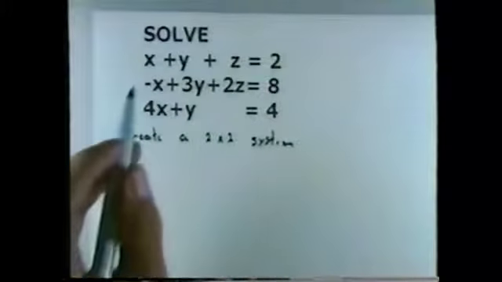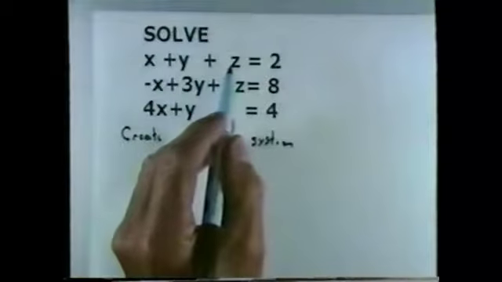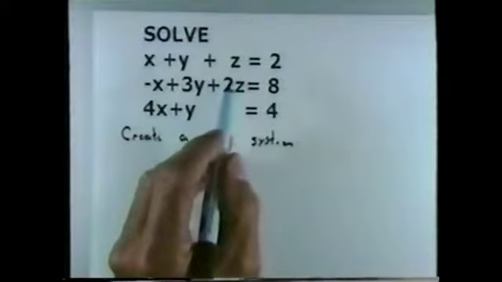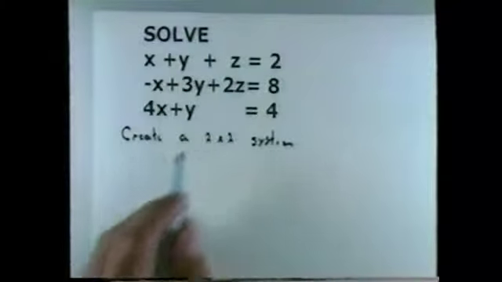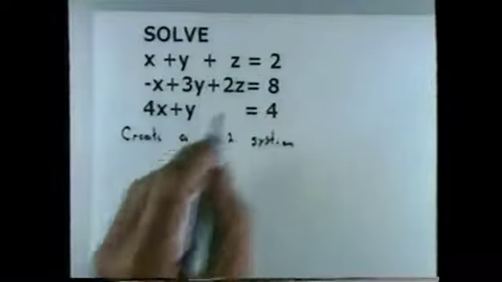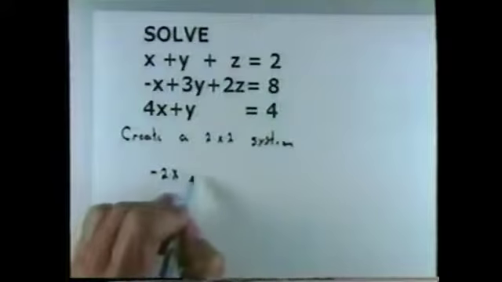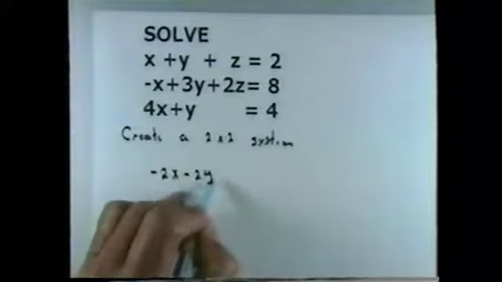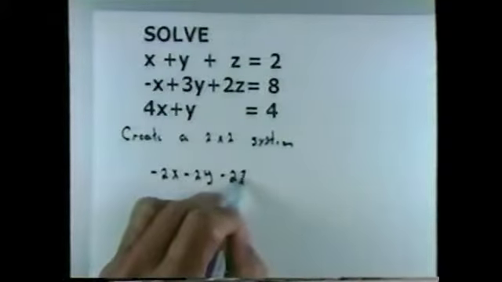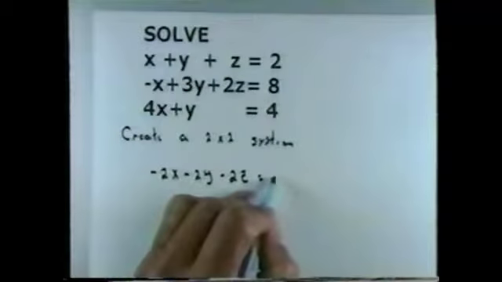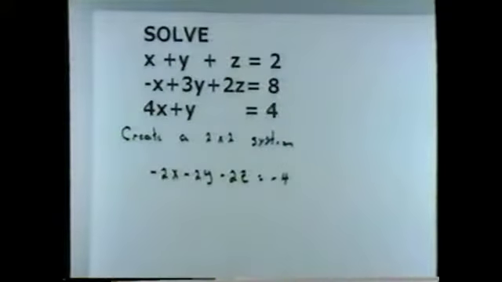Now what I'm going to do is multiply the top by -2 and add it to the second one. So if I multiply the top one by -2, I get -2x minus 2y minus 2z is equal to -4.